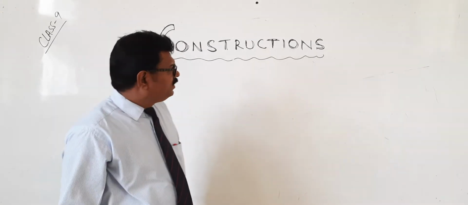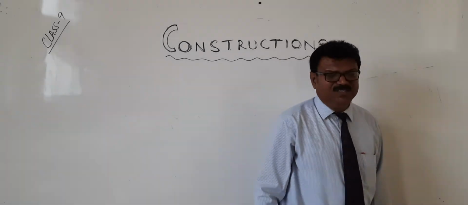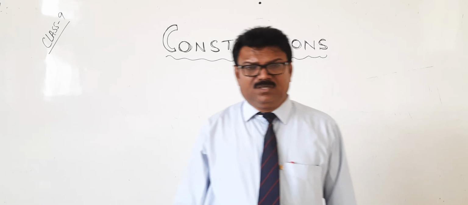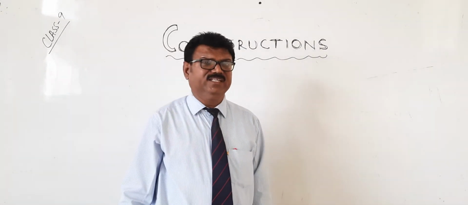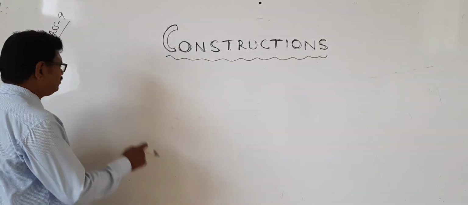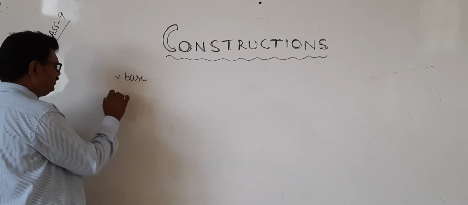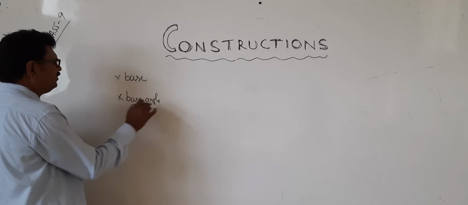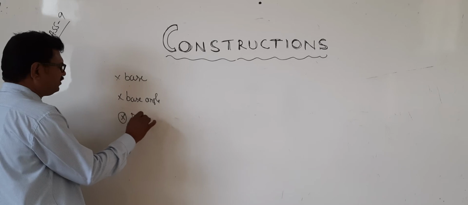Now we have seen the construction when base, base angle, and the sum of the two sides are given. Now the second problem is also the same. First one: base given, base angle given, and difference of two sides.